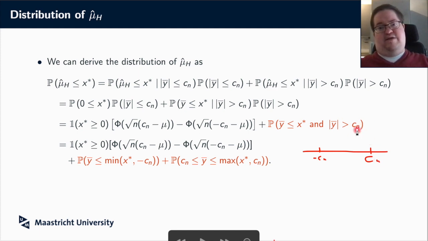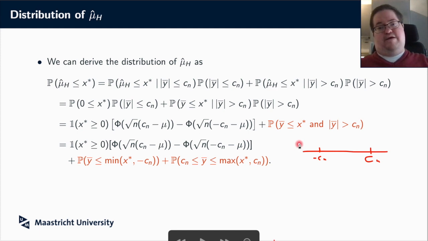Obviously, if y bar is somewhere between these two points, then I will have a 0 here, because I'm not counting that probability if it's between. So it depends on where x star is how I should count this probability.